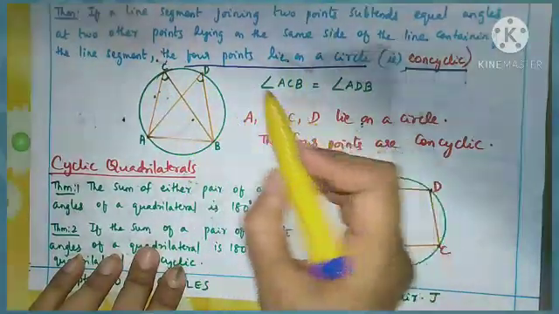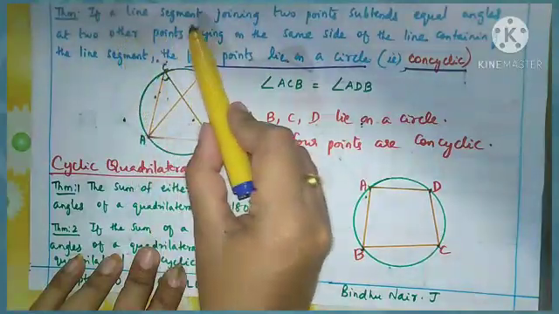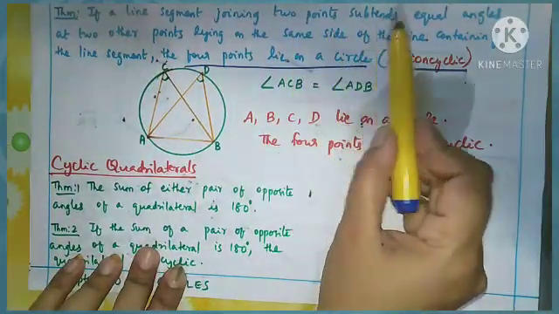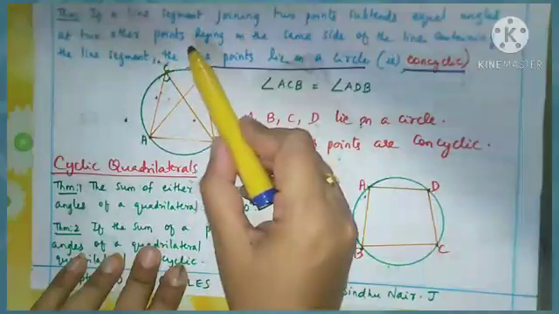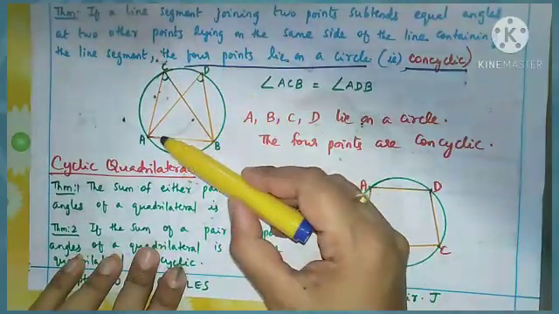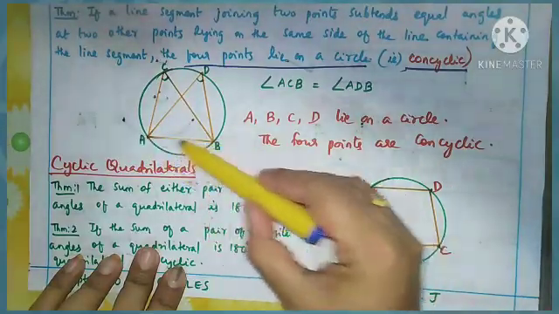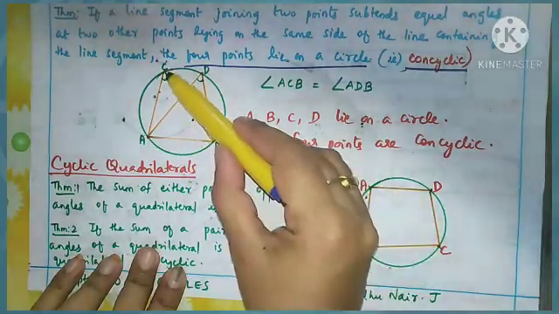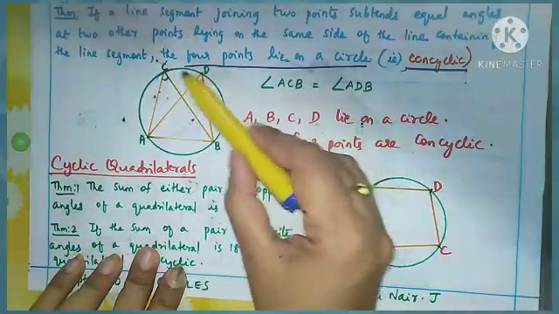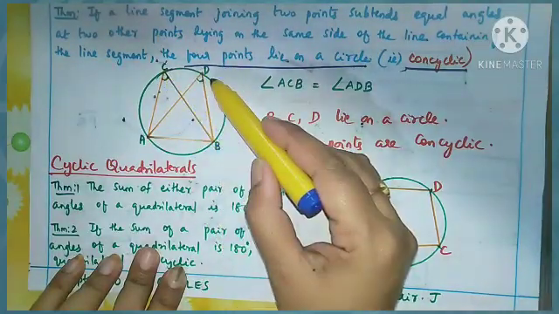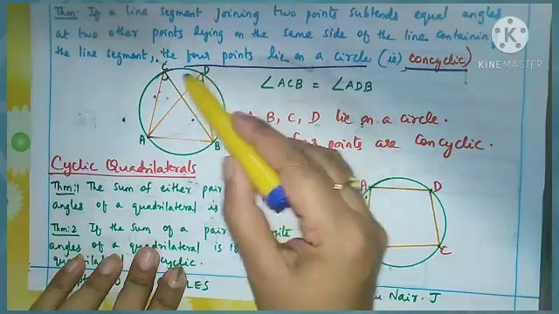So here you see, once more I am reading, if a line segment joining 2 points subtends equal angles at 2 other points. So here you can see AB is a line segment. It is forming angles with these 2 points C and D. So we are having C and D on the same segment of the circle, correct?